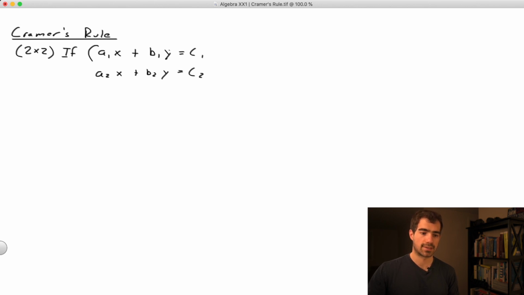If this was our system of two equations, we could get the solutions to this system by forming determinants based on the coefficients of X, the coefficients of Y, and the constant term C. For both X and Y, these are going to be fractions, and the denominators of both will be the same.